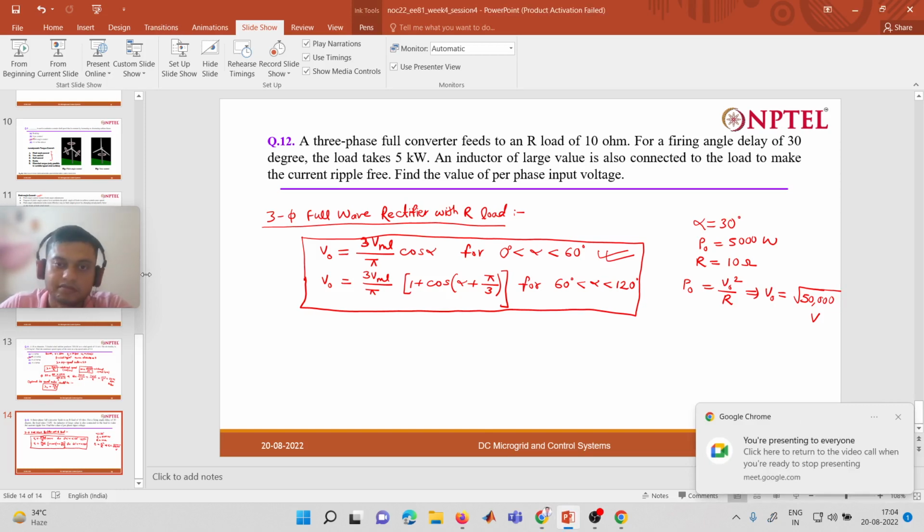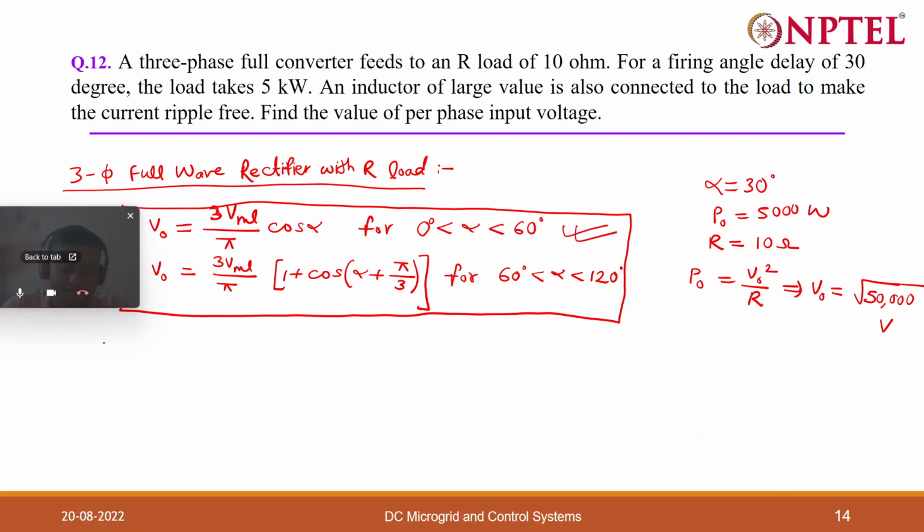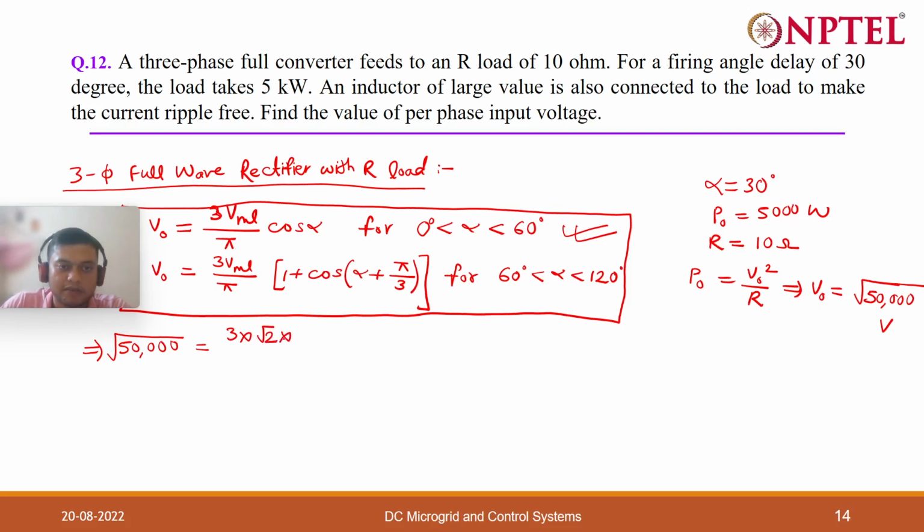VML is the maximum of line to line voltage, so you can write it as root 2 into the RMS value of line voltage, root 2 into VL, divided by pi, into cos 30 degree.